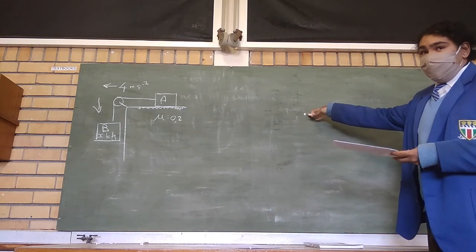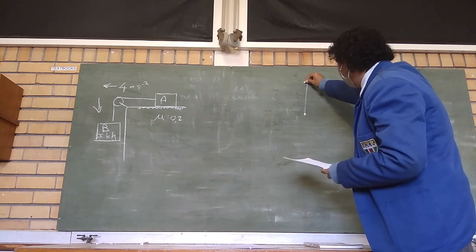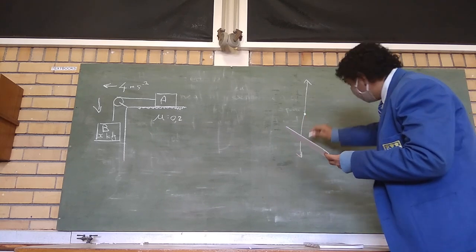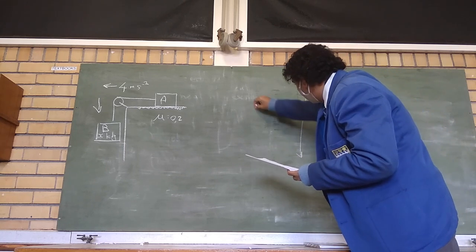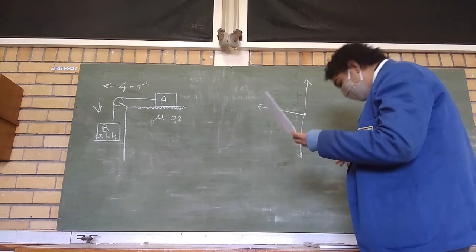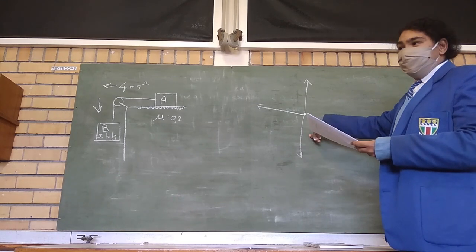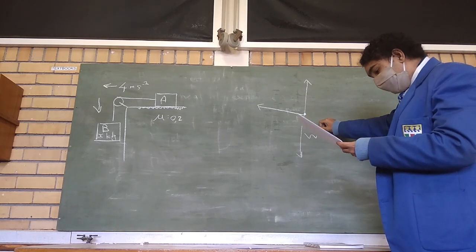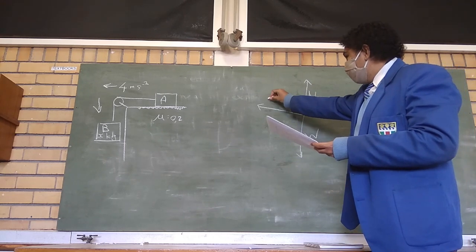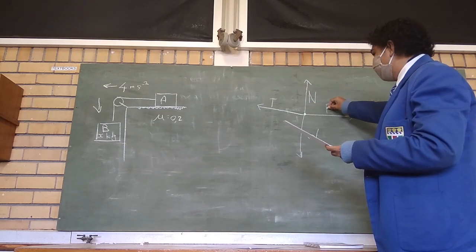Block A. So here is the weight, the force of gravity. And here is the normal force. And here we have tension from the string. Friction.